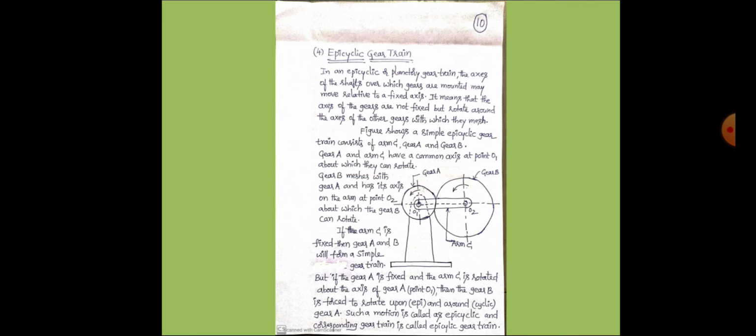In an epicyclic gear train, the axis of the shafts over which the gears are mounted may move relative to a fixed axis.